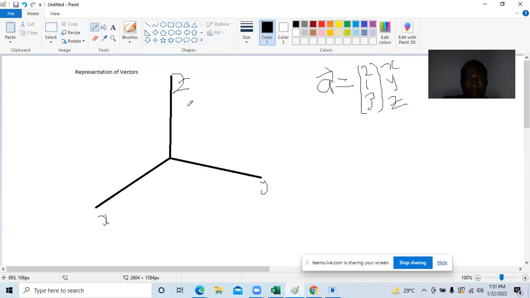So what do we do? We first label our axes. On the x-axis, this is 1, this is 2, and this is 3. On our y-axis, let's say this is 1, this is 2. Don't need more than 2 on the y-axis.